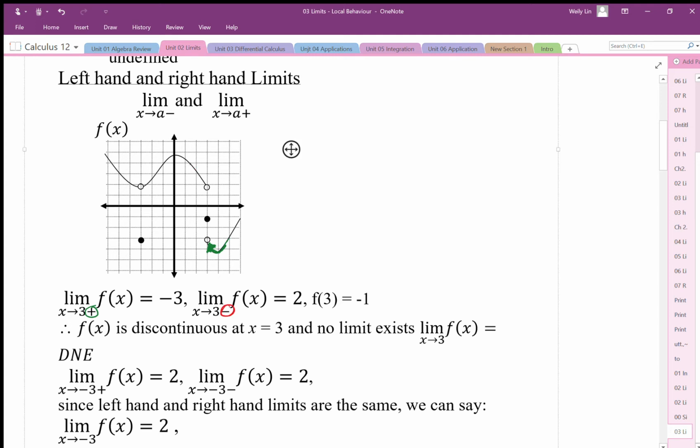So we need to do these as one-sided limits. As a two-sided limit, this limit does not exist, but from the right side, it's equal to -3, and from the left side, it's equal to +2.